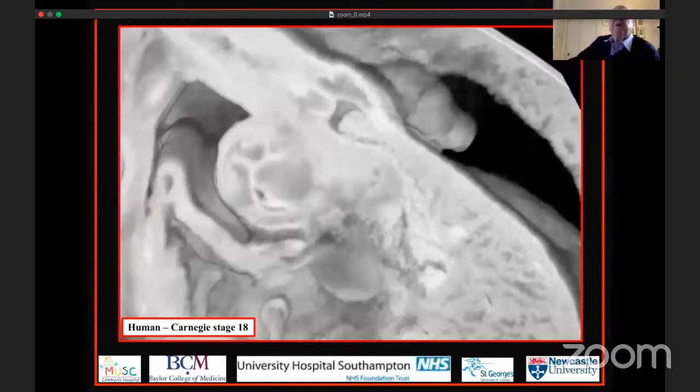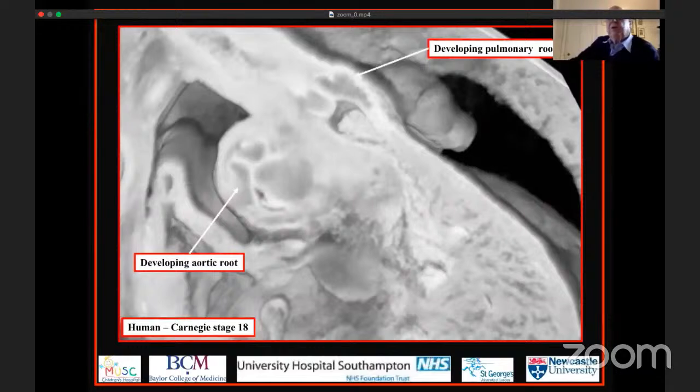But let's just stay with the middle part for a moment, because if we move on a couple further stages in the Carnegie staging system, another 3 or 4 days have passed by this stage, and you see now that within the middle part of the outflow tract, the two arterial roots have separated one from the other.